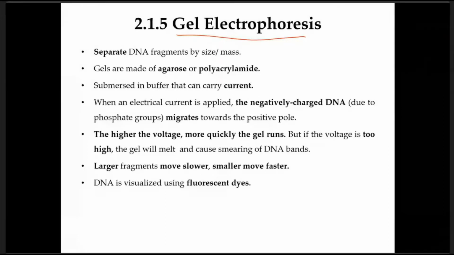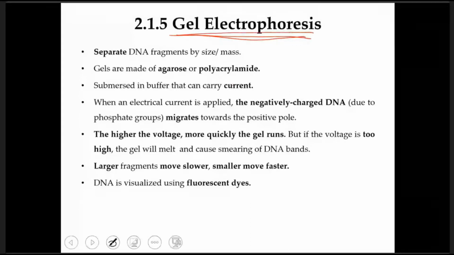Okay, gel electrophoresis. So through gel electrophoresis, you have your DNA sample. You have various DNA samples from individual 1, individual 2, individual 3. You are going to run the DNA samples through this method.